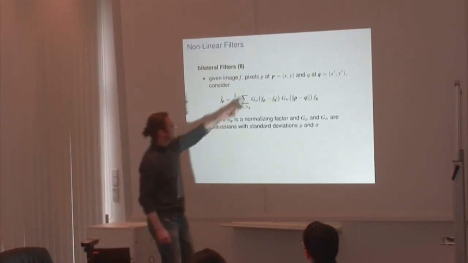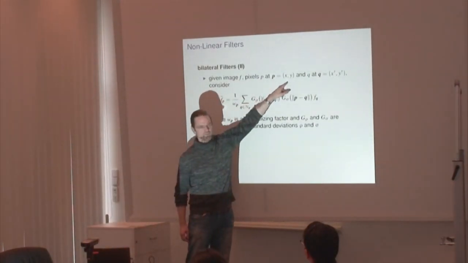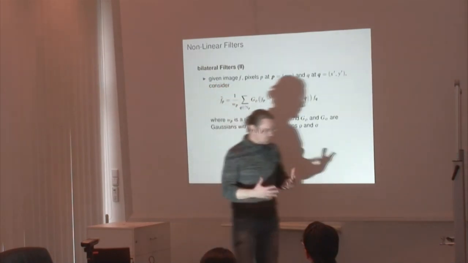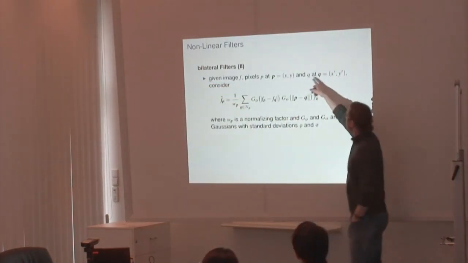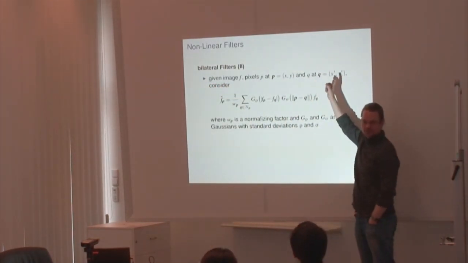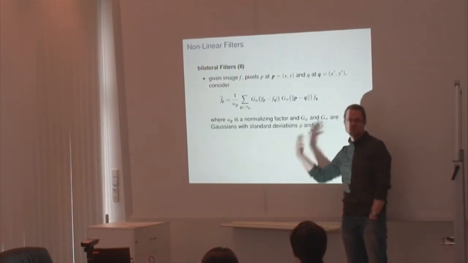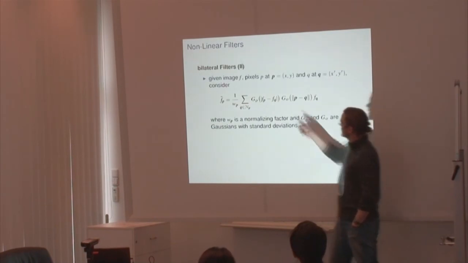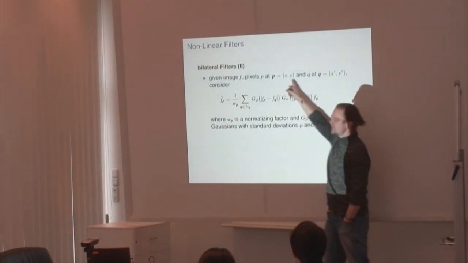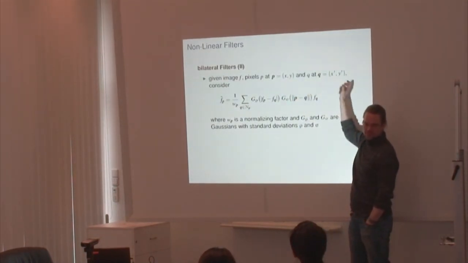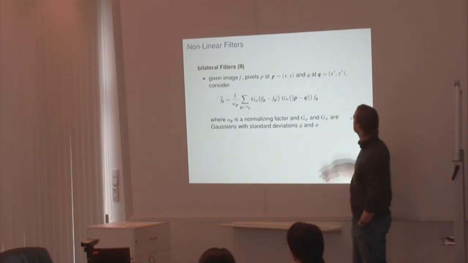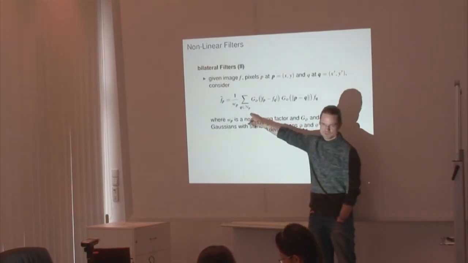The coordinates of this pixel are p, that is x, y. And we also have the coordinates of all the pixels q in the local neighborhood. It's different terminology, but this is what they use in the literature. Again, we have a center pixel at x and y, and pixels surrounding it in a neighborhood of this center pixel.